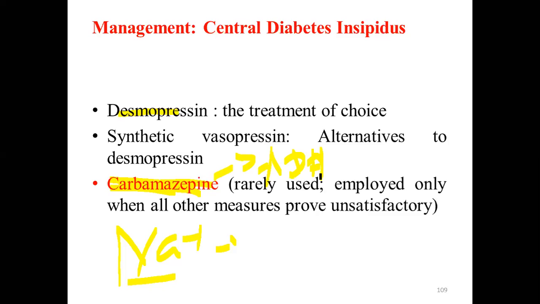That is the main reason we're going to use carbamazepine. Although the exact mechanism of how it causes release of antidiuretic hormone is not really known, it has the potential to increase release. So it is employed when other options are unsatisfactory. If we don't see sufficient response, carbamazepine can be another option in central DI.